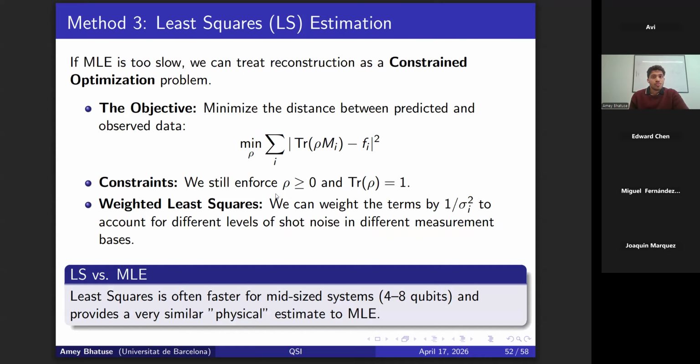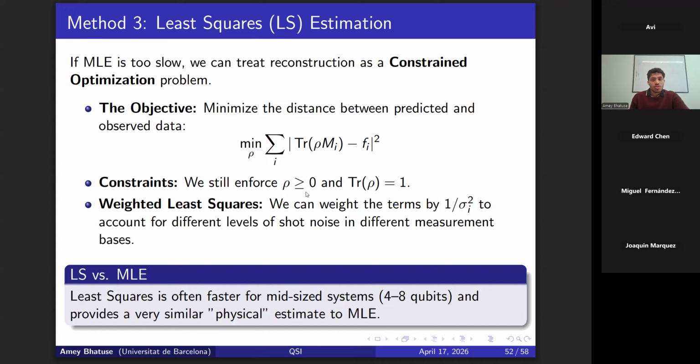There is a way, called least squares estimation. If your maximum likelihood estimator is too slow, then we can treat this reconstruction as a constrained optimization problem, where you're trying to minimize the distance between the predicted and observed data. Your frequencies are your observed data, the prediction is this quantity, and given a set of states, you're trying to minimize this, with these constraints.